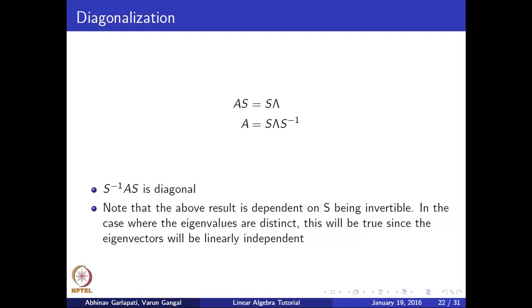Now we have the equation AS equals S capital lambda, where capital lambda is the diagonal matrix of eigenvalues. On simplifying this, we get A equals S capital lambda S inverse. This is a diagonalization of A.